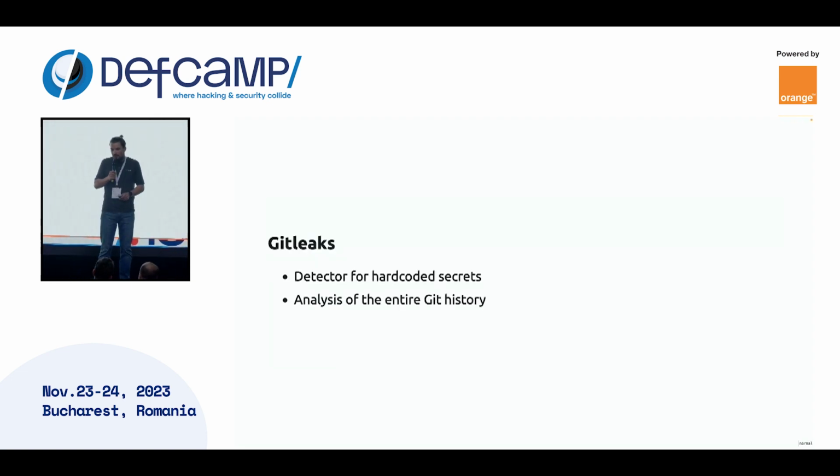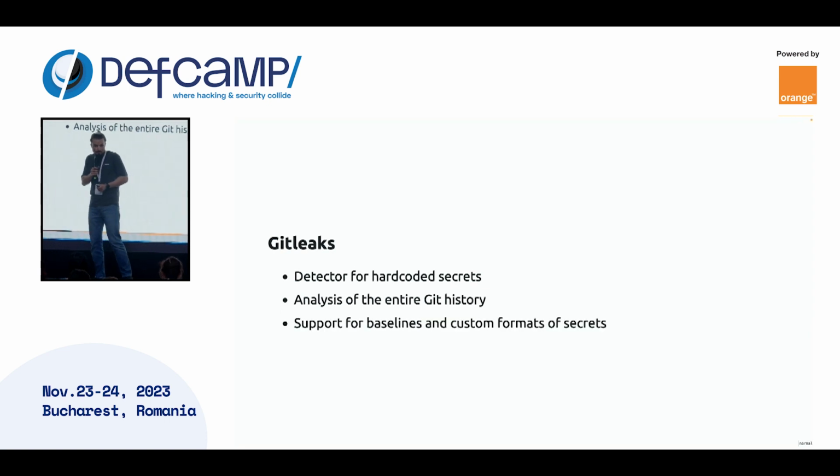So, as already specified, Gitleaks is an open source detector for hard-coded secrets. What's nice is that it will not scan only the present state of the code base, but it will analyze all the Git history. So it will traverse all the Git history that you have in the repository, and it will scan for secrets.